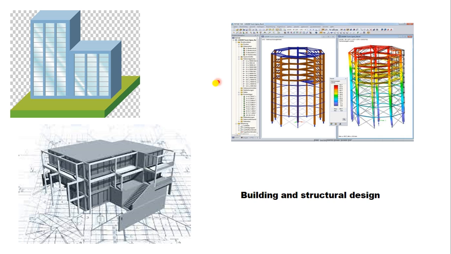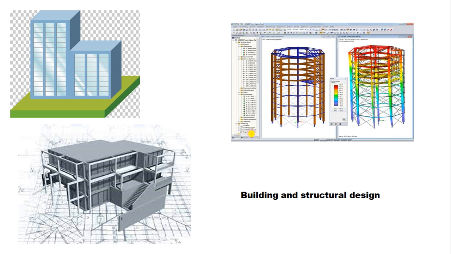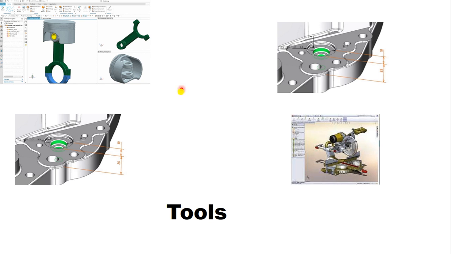Here are some images of building structures made through CAD software, computer aided design. Through this software we can develop building images or designs in computer graphics. Tools also we can develop here. You can see some images here.